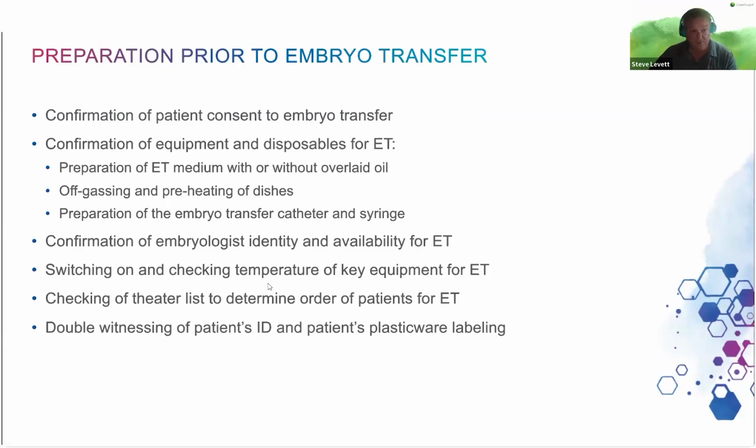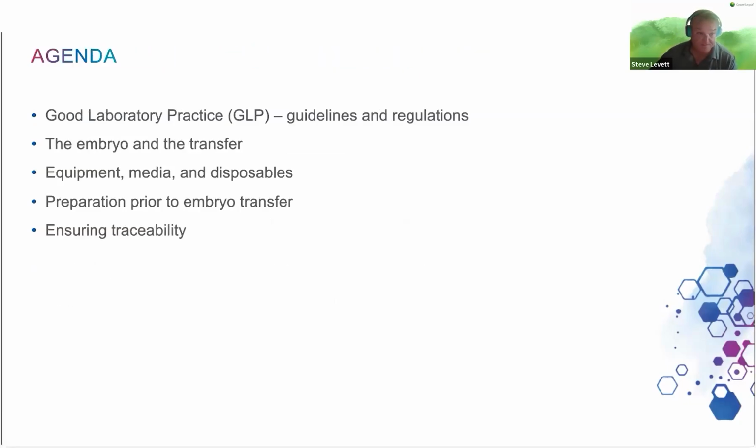Don't need to go through all the points in detail. But as always, preparation is key. If you want to succeed in any procedure that you're doing in the lab or elsewhere, preparation is key. If you get the preparation correct, then the procedure is going to run more smoothly.